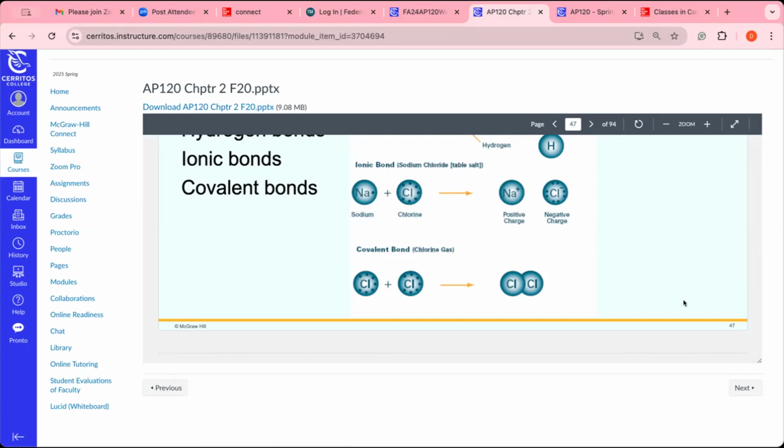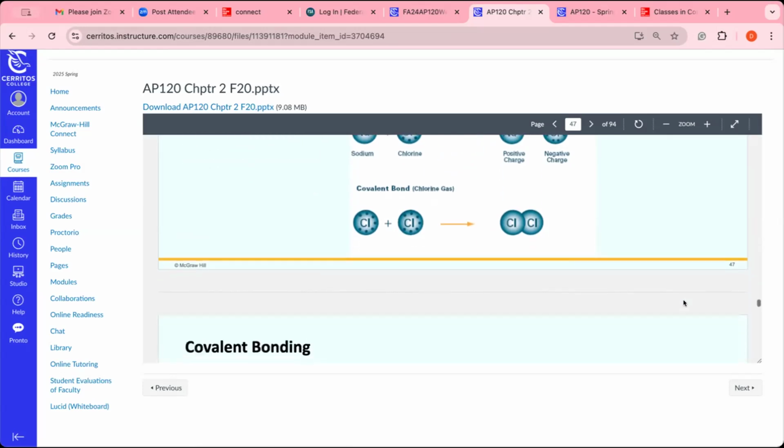Because they're sharing what they call valence electrons. We'll get to that a little bit later. But the valence are those shells that we drew earlier. They're sharing valence electrons with each other. Okay?